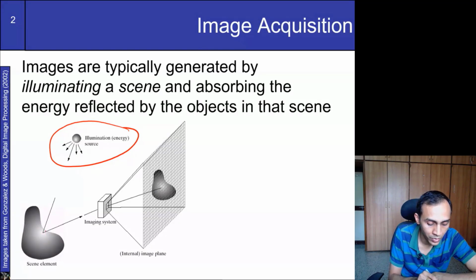So it will either absorb some part and reflect some part. Then the imaging system receives the reflected or transmitted radiation from the object, and those rays are used for the formation of the image.